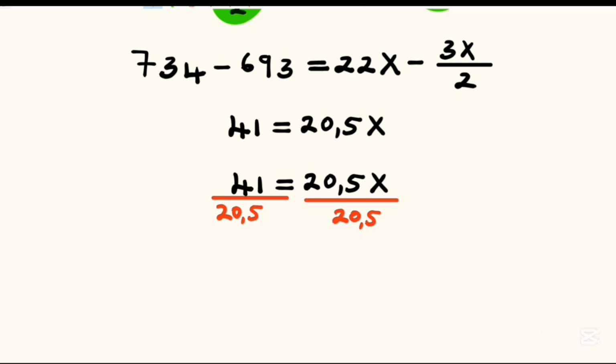And 20,5 divided by 20,5 will be equal to 1, so they will cancel out each other. Finally, 41 divided by 20,5 is equal to 2. So the x, or the first term, is equal to 2.